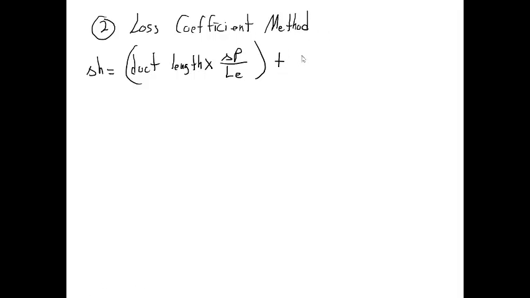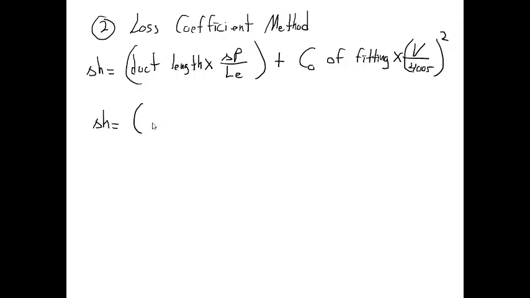And then after that, you add to it the coefficient associated with a certain fitting multiplied by the velocity pressure. So the way that translates is going to be, delta H is going to be, again, the lengths given in the problem multiplied by the losses that you find in figures 12.21 and 12.22.